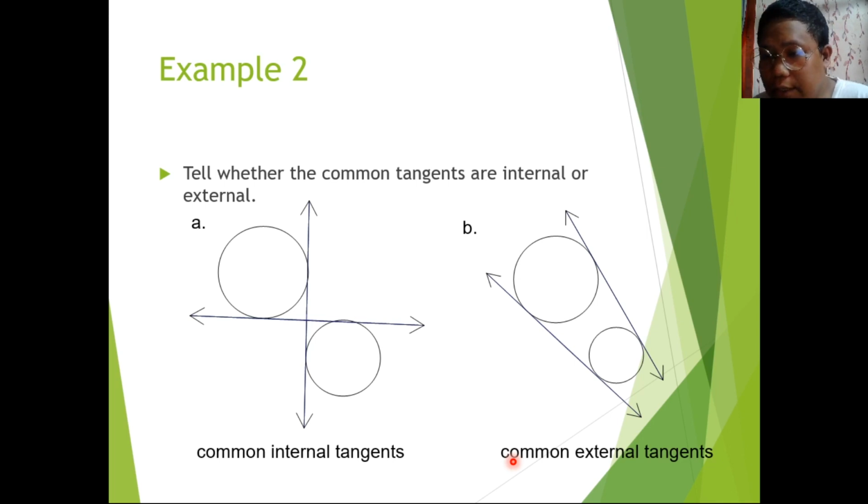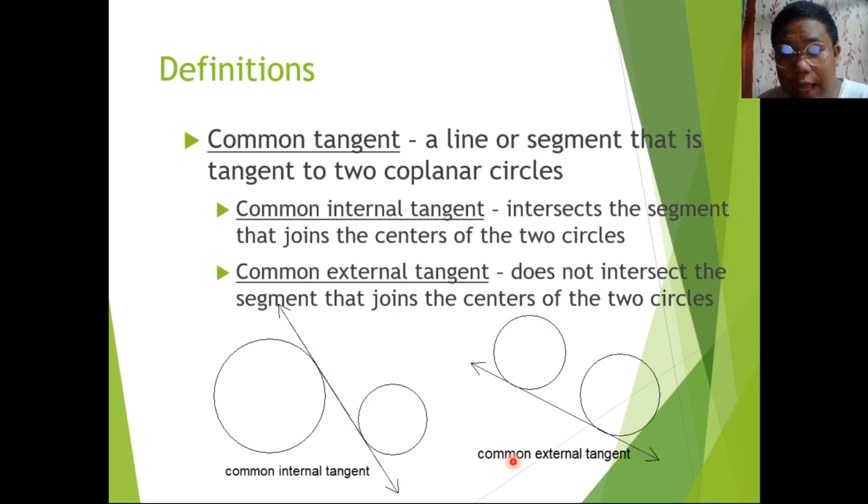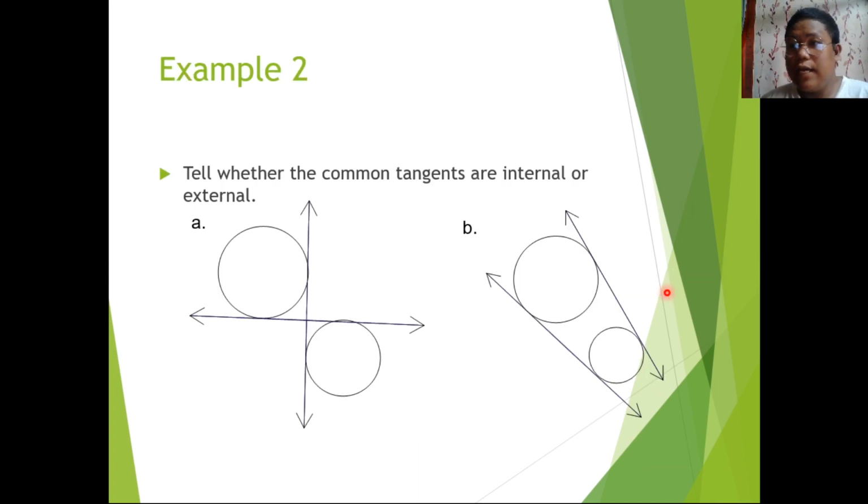Again, let's go back to the definition. The common internal tangent intersects the segment that joins the centers of the two circles. While the common external tangent does not intersect the segment that joins the centers of the circles.